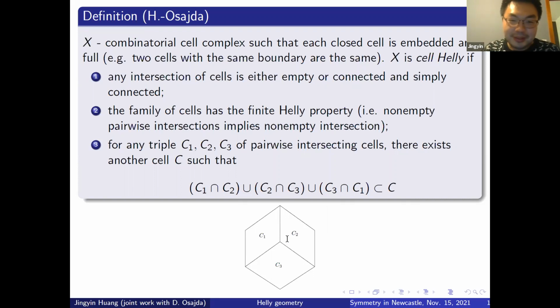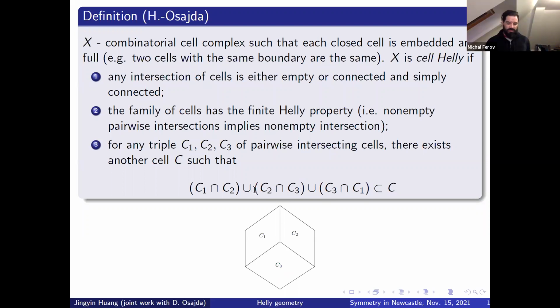So let's think about what it means in a cube complex. Let's suppose we have this missing corner as before. Say C1 is a square, C2 is a square, C3 is a square, and these three cells pairwise intersect. What is C1 intersect C2? C1 intersect C2 is this edge, C2 intersect C3 is this edge, C3 intersect C1 is that edge.